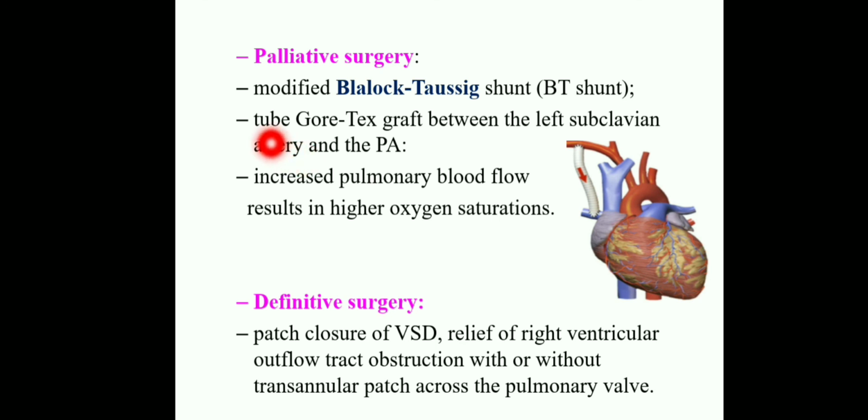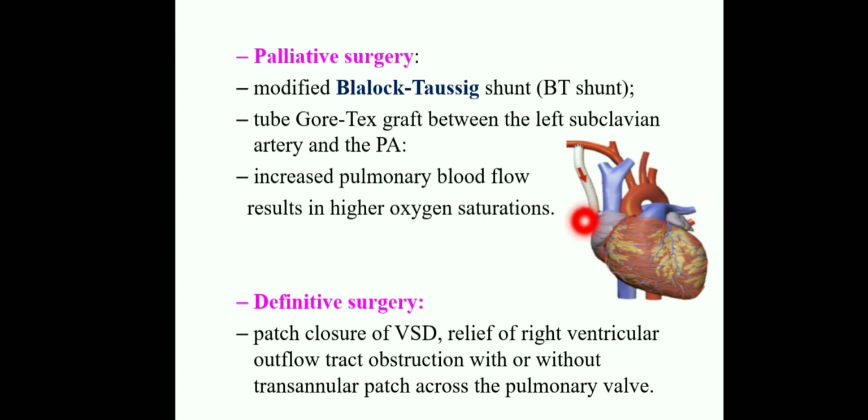The surgical intervention is Gore-Tex tube grafting between the subclavian artery and the pulmonary artery. Look at this image. This is the subclavian artery and this is the pulmonary artery, which is divided into two branches, the right and then left branch.